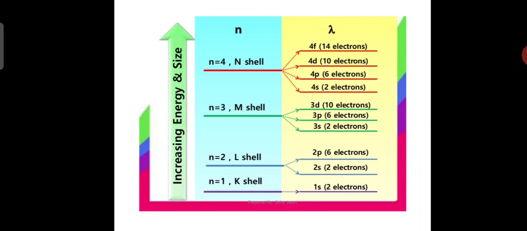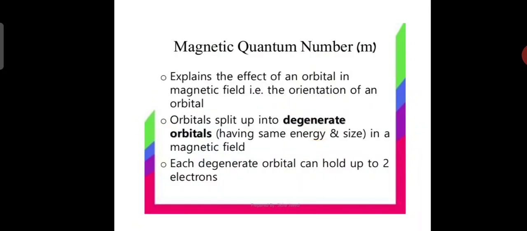It means that the more dense an electron cloud is, the more electrons are found there. That is what we refer to as size.